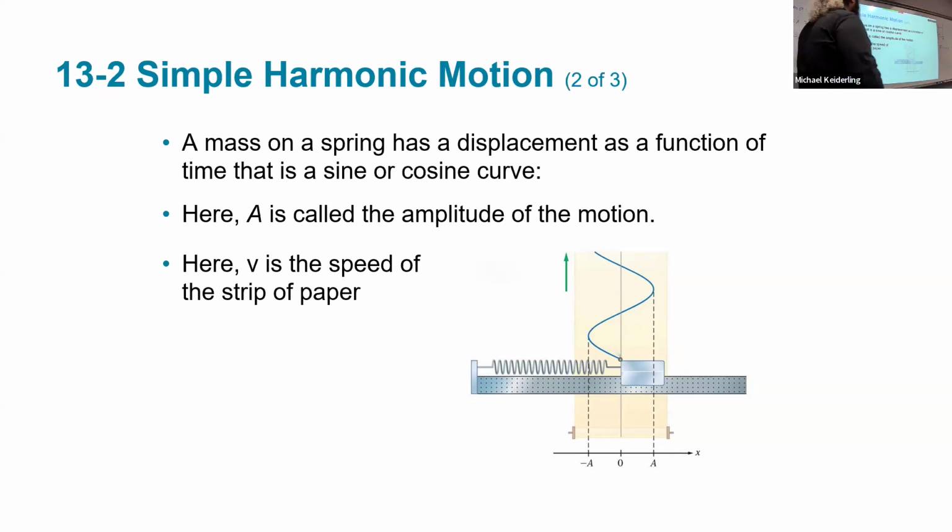V would be the speed of the strip. So here A is the amplitude of the motion, and the strip of paper moves upward at some velocity v, and it would draw a cosine curve.